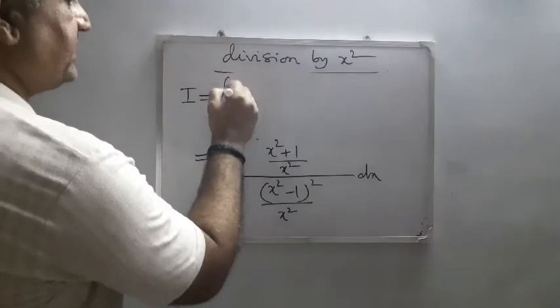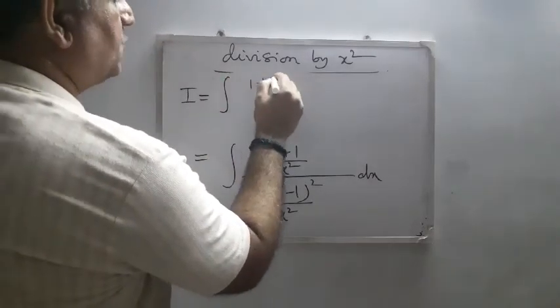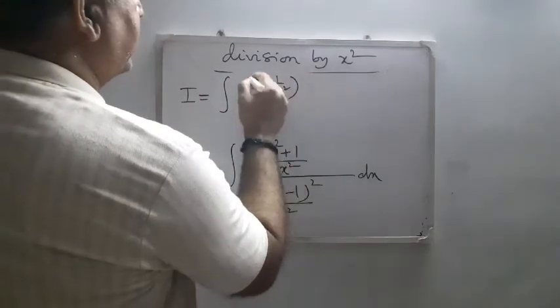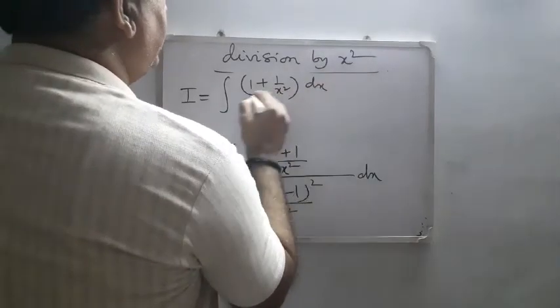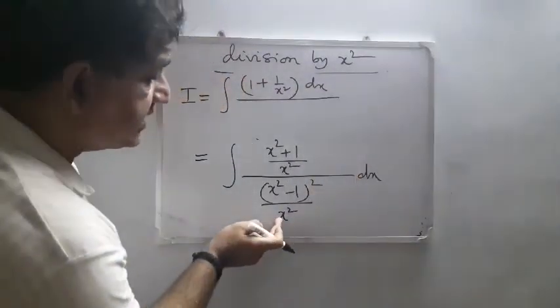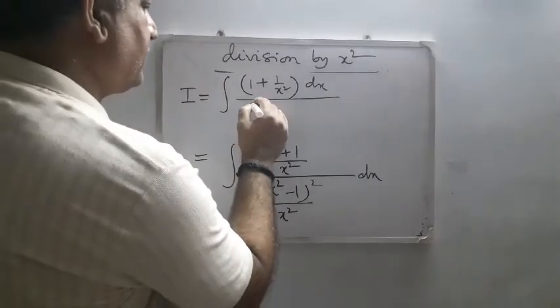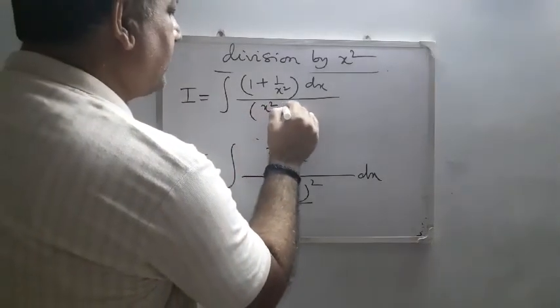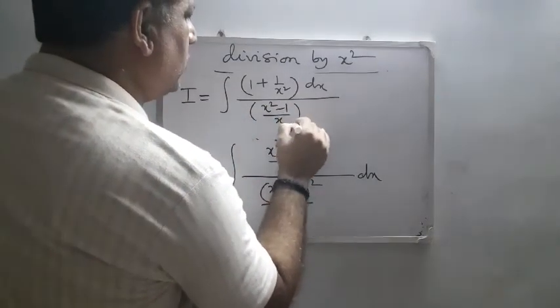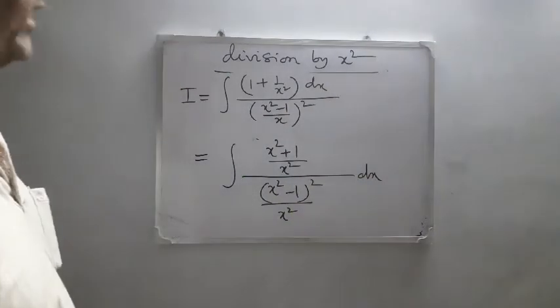Integral of 1 plus 1 by x square dx divided by, now take this x square within the bracket, you will have x square minus 1 by x whole square.